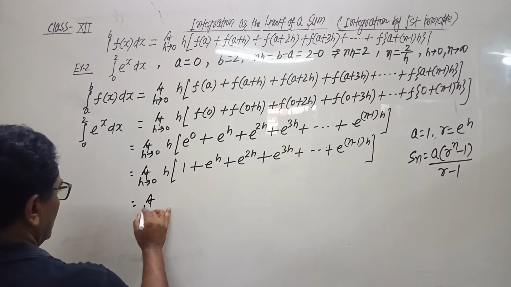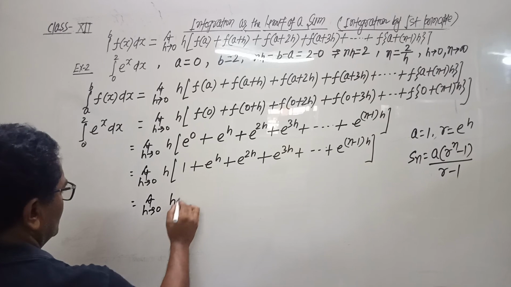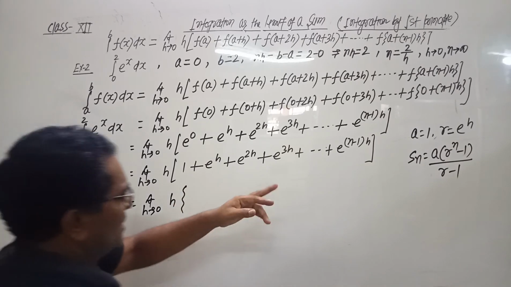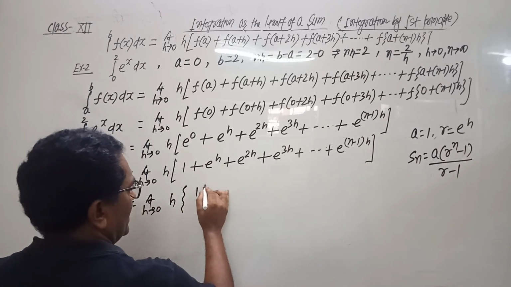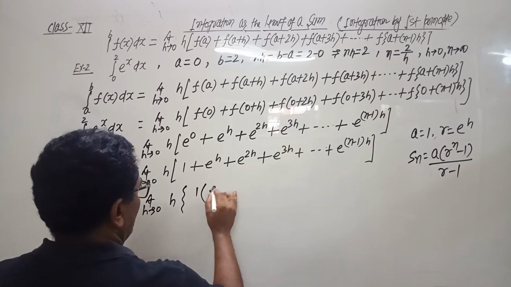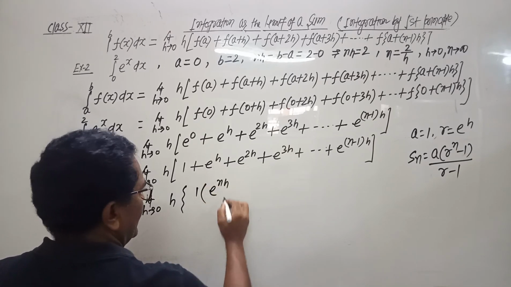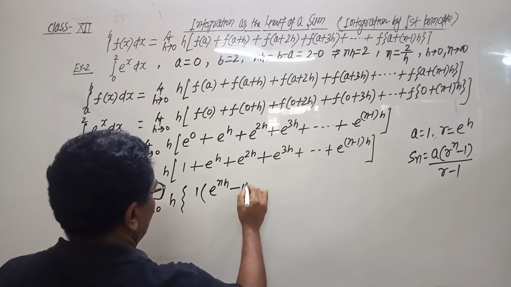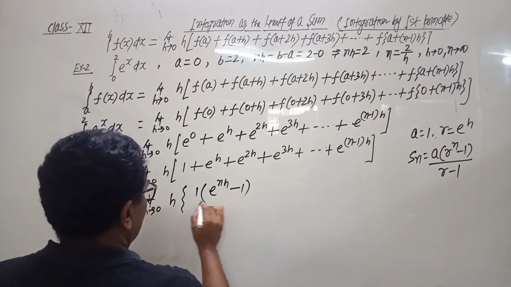So limit h tends to 0 of h, where a is 1, times (r^n minus 1) upon (r minus 1), so e raised to the power nh minus 1 upon (e^h minus 1).